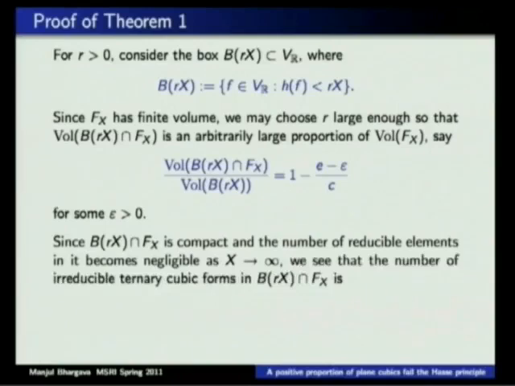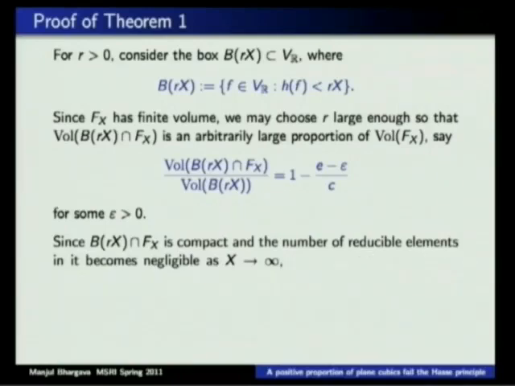One can prove that formally, but one way to see that is that it becomes negligible because all the reducible stuff is in the cusp. And if you're intersecting with something compact, then sort of 0% of the things in there will be reducible. Or another way to think about it is that if you take a random ternary cubic ordered by coefficient size, the chance that it has a rational flex will be 0. Okay, that seems believable, and it's actually provable.